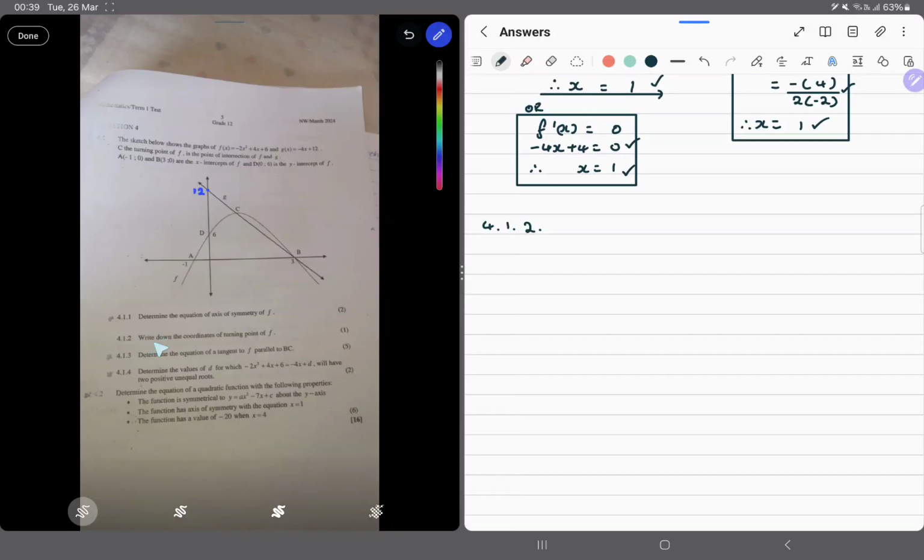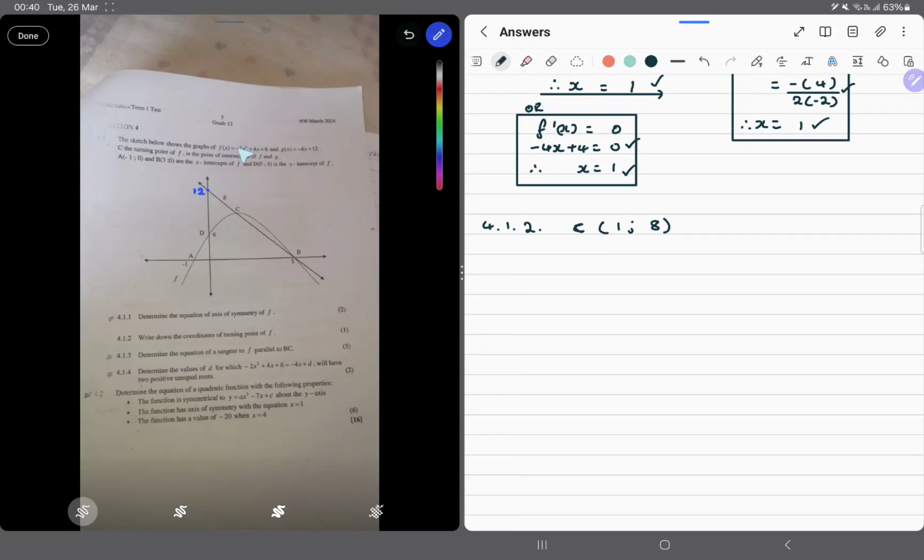4.1.2 says write down the coordinates of the turning point of f. C is the turning point, and we saw that the axis of symmetry is 1. So when you substitute 1 into the equation, maybe we choose the simplest because C is the common point. So we put 1 in there, it's going to be minus 4 plus 12, which is 8.